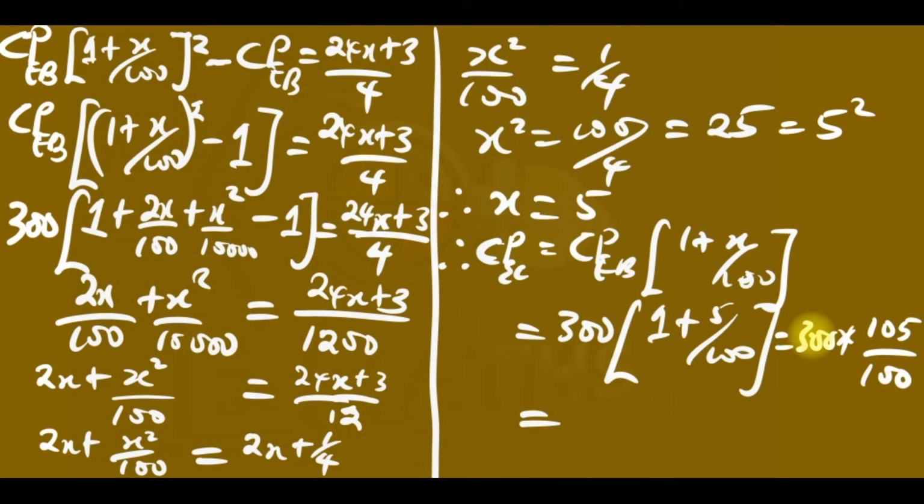So 3 times 5 is 15, carry 1, so 315. That's our answer: 315 naira, the cost price of Echezona. The question is very tricky, but you just take your time.